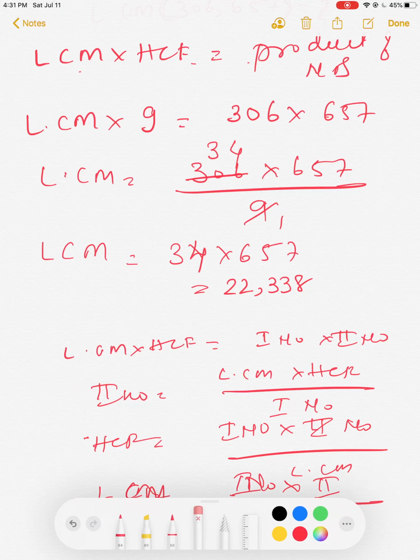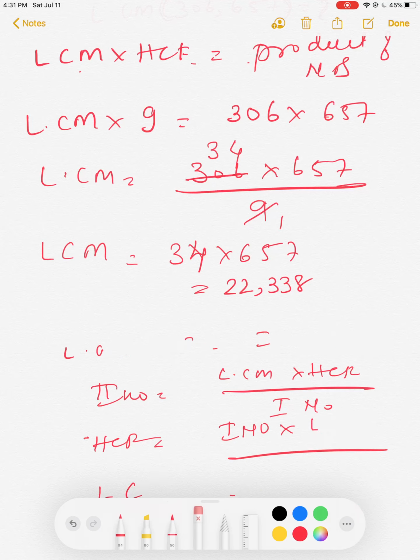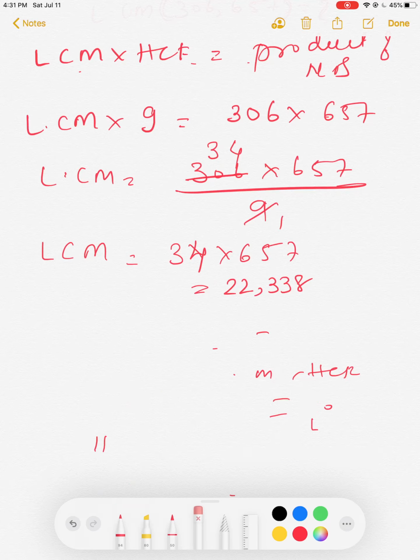Okay, that is the fourth problem. Fifth problem: check whether 6 raised to power n can end with 0.